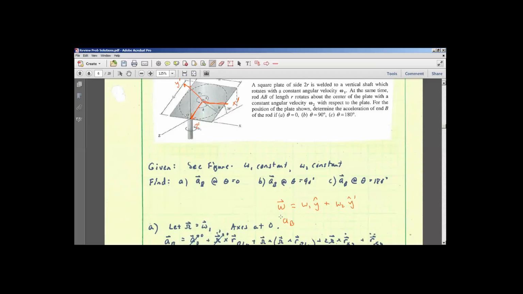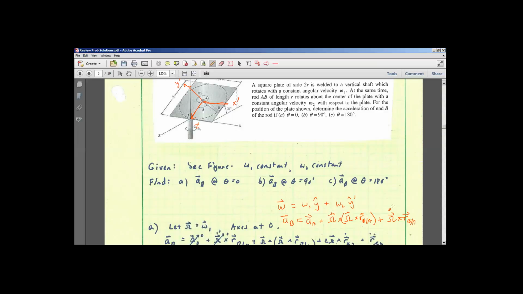So acceleration of B equals acceleration of A plus you can do your omega cross R, and that's going to be B with respect to A. And then you've got your plus omega cross R of B with respect to A, and that's your dot.